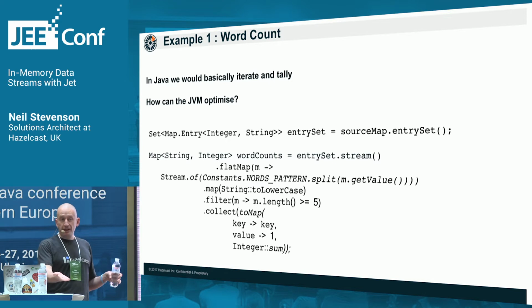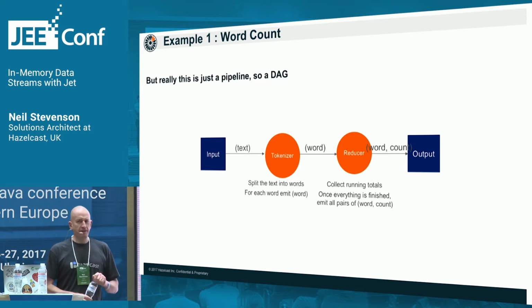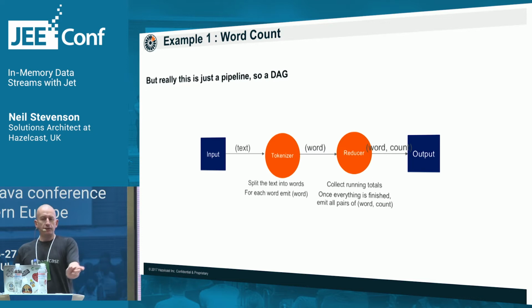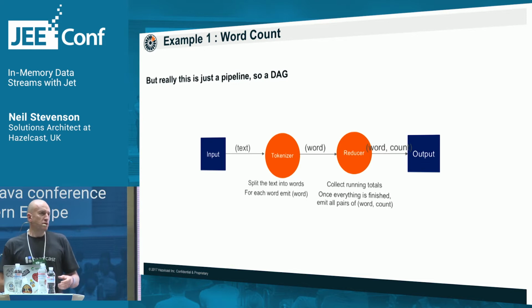This is a Java 8 stream. But it's just a pipeline, really, if you think of it. What we're taking is a line of text and sending it into something that translates it from one line of text into a collection of words. So splitting it up. And then for each of these words, we're just counting them, accumulating them.